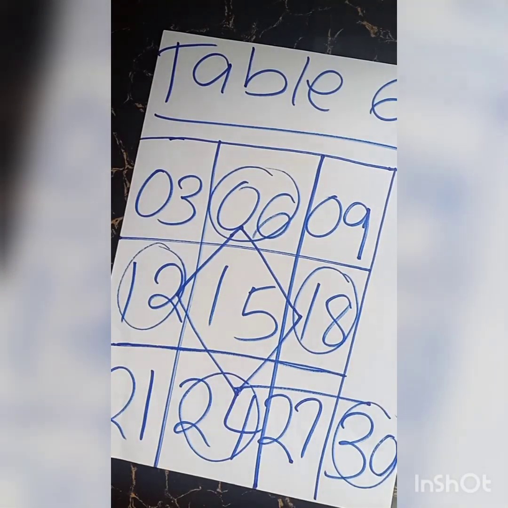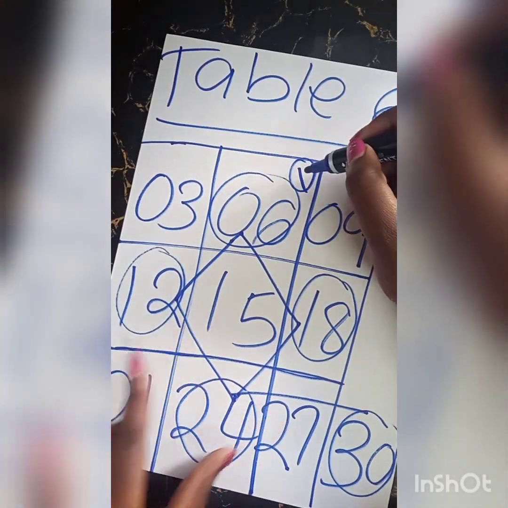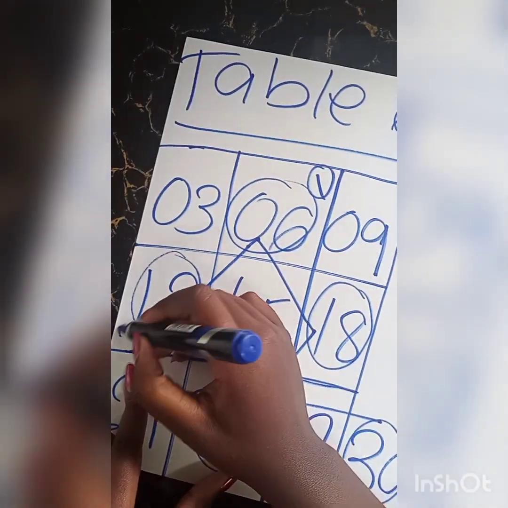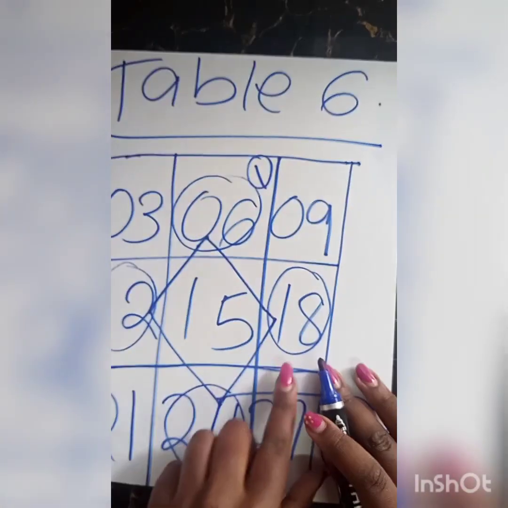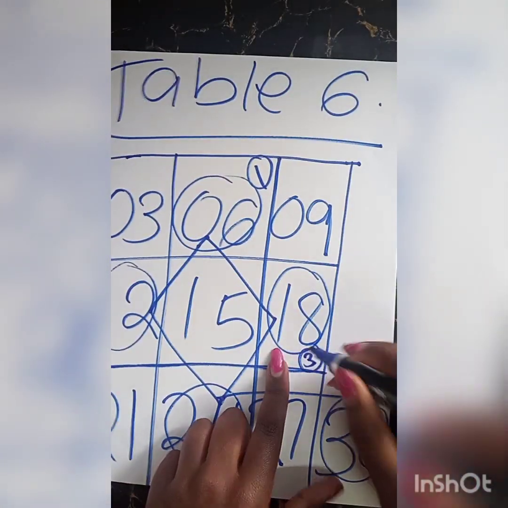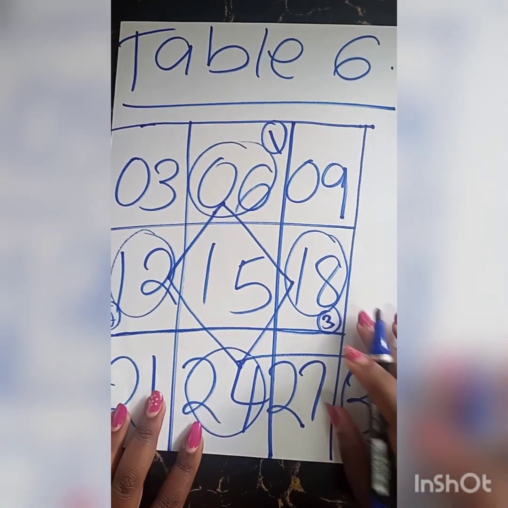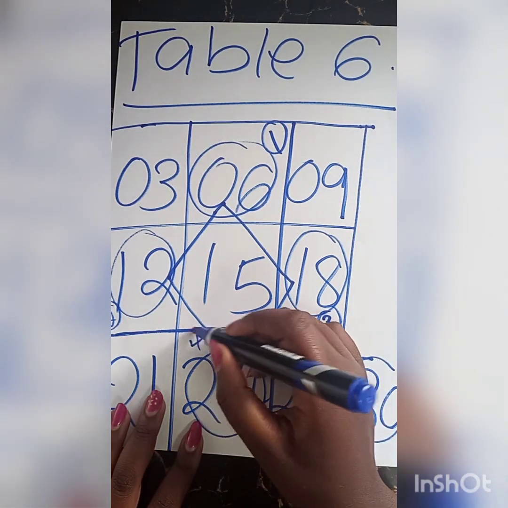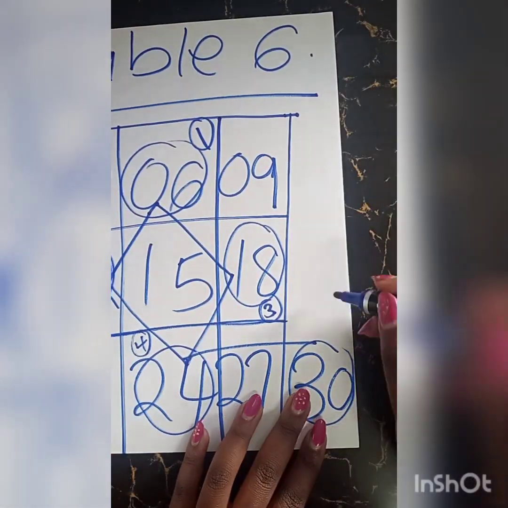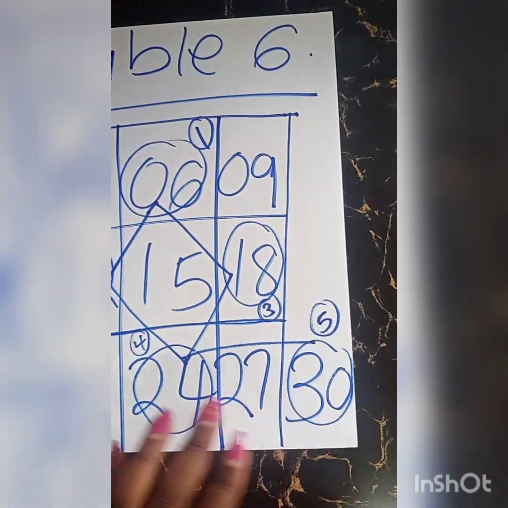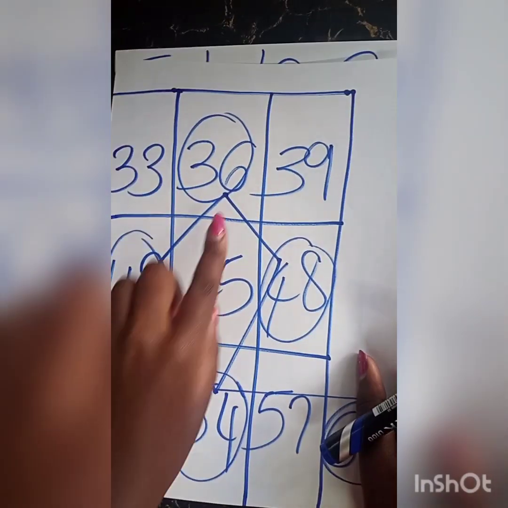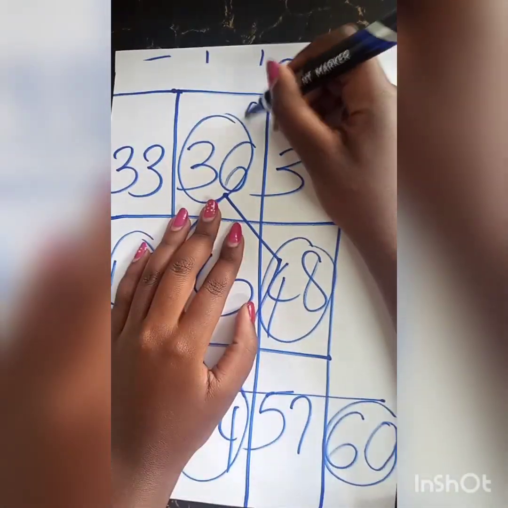So this here is 6 times 1. This is 6 times 2. This is 6 times 3. This is 6 times 4. We'll write a 4 here. This is 6 times 5. This is 6 times 6.